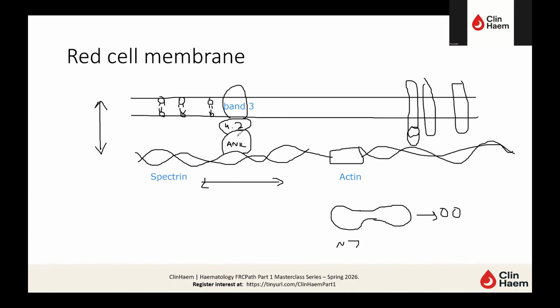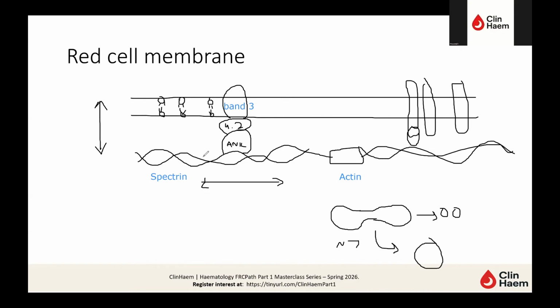If this keeps happening over and over again, this cell is going to lose cell membrane. And if the cell loses membrane constantly, it's going to acquire a spheroidal shape. This is because now it's got more volume and less membrane, and for a given volume, if you've got less membrane, a sphere is the shape that keeps the cell as such.